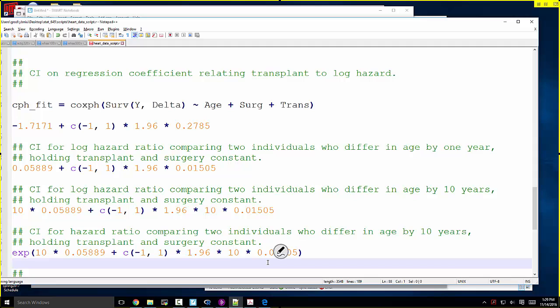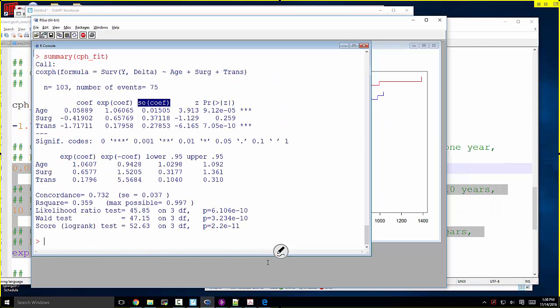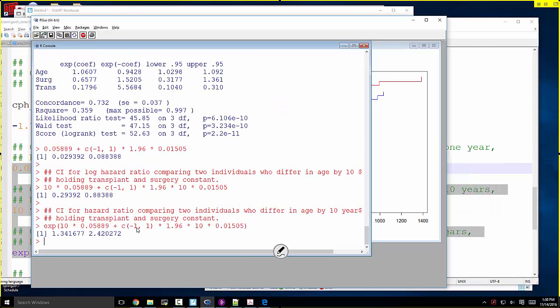You can get those by starting with a confidence interval for the coefficient itself: coefficient estimate plus or minus cutoff times SE of the estimate. If you want to change the unit difference, you just multiply the estimate and the standard error by that number. And if you want to translate that interval for a log hazard ratio to a hazard ratio, you can just exponentiate the interval that you got for the log hazard ratio.